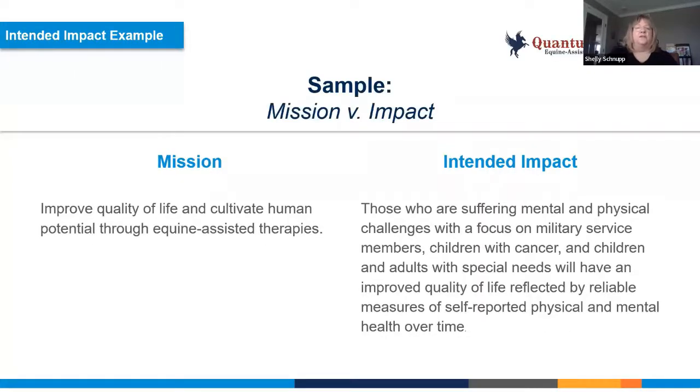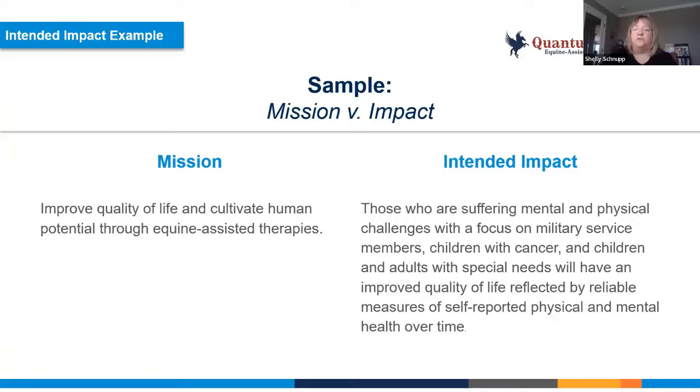Here, with this organization, Quantum Leap Farm, the impact statement is obviously different than the mission. The mission tends to describe the organization's general purpose, often leaving room for a very broad range regarding who is served and the possibilities for what success looks like. So pretty general.